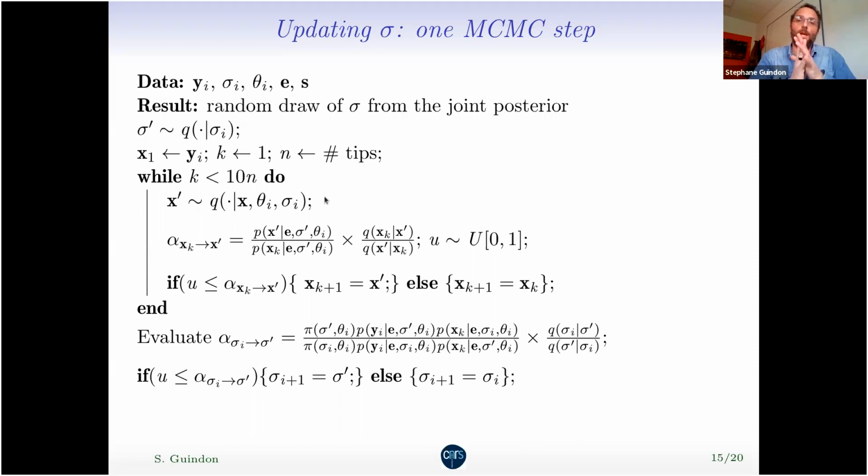All right, so this slide here gives you the algorithm that is implemented currently for updating the value of the dispersal parameter. So this is just one step of the MCMC that is used to get correlated samples for sigma. Here you can recognize the standard approach where we first sample the value from a proposal distribution Q, and here you have an acceptance probability that relies on a Metropolis ratio and a Hastings ratio.